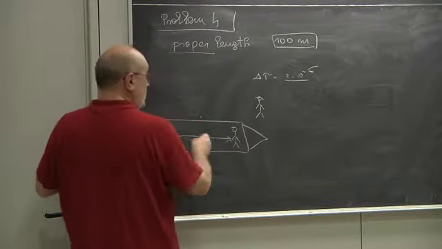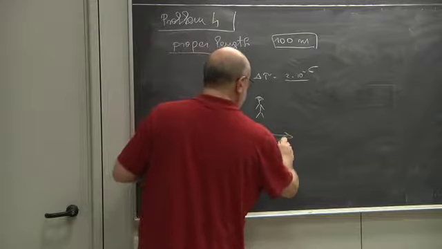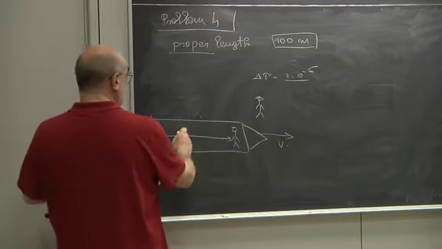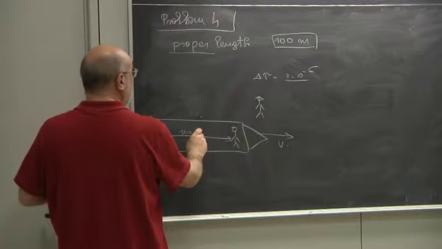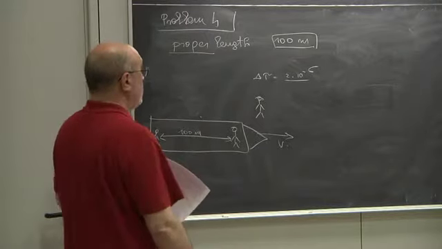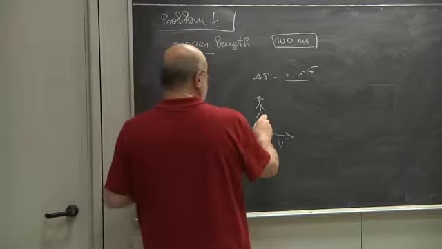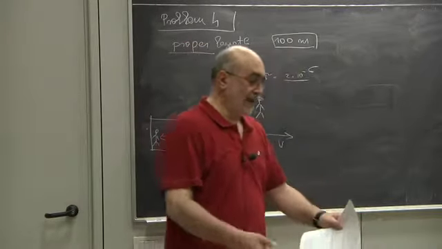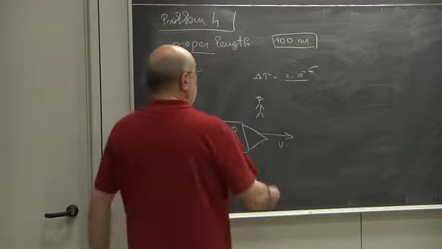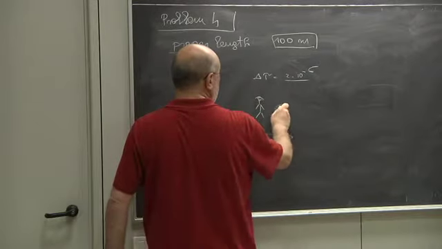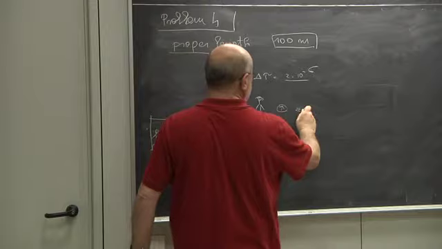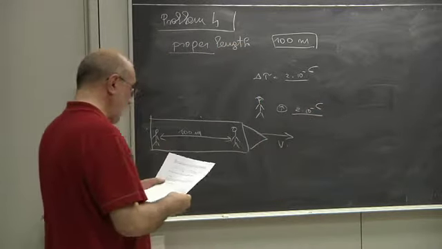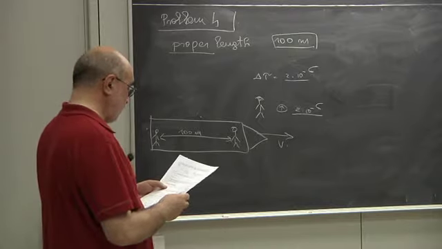They measure, staying inside. This spaceship is going at some speed. He is outside at rest. These ones inside measure, and the proper length is 100 meters. They move at some speed. He cannot run after it, it goes very fast, so he measures the time with his watch, and he gets that it takes 2 times 10 to the minus 6 seconds to pass him.